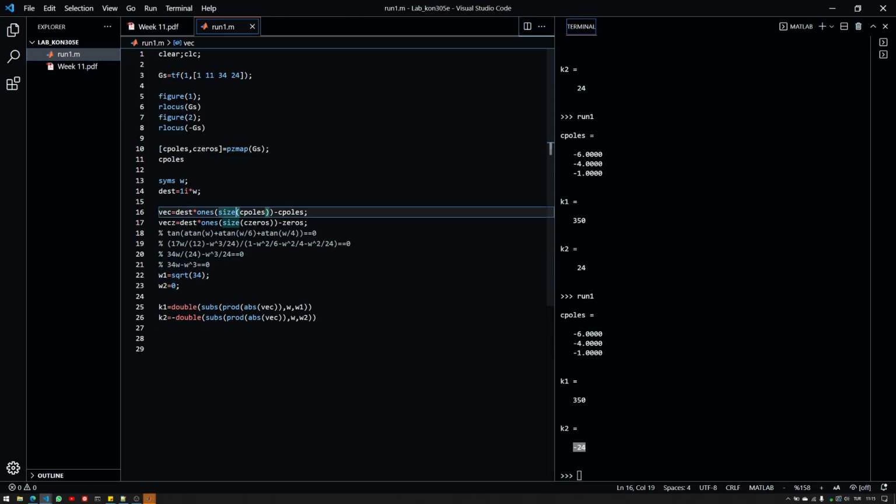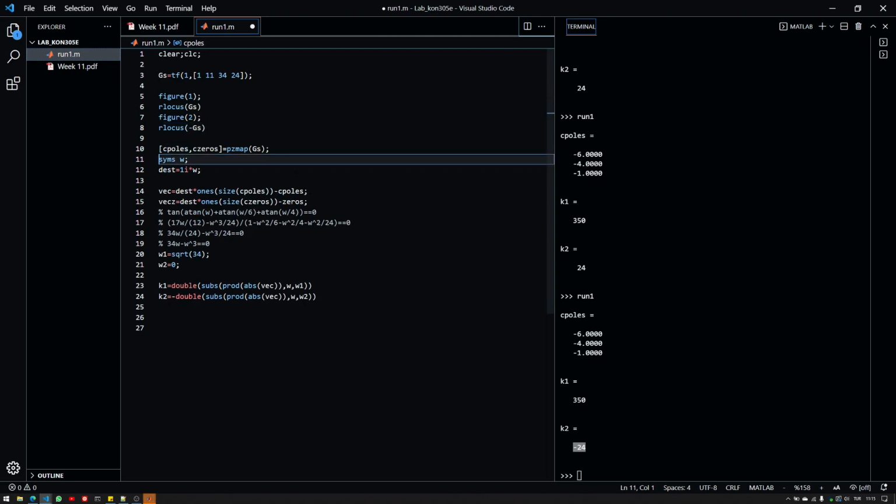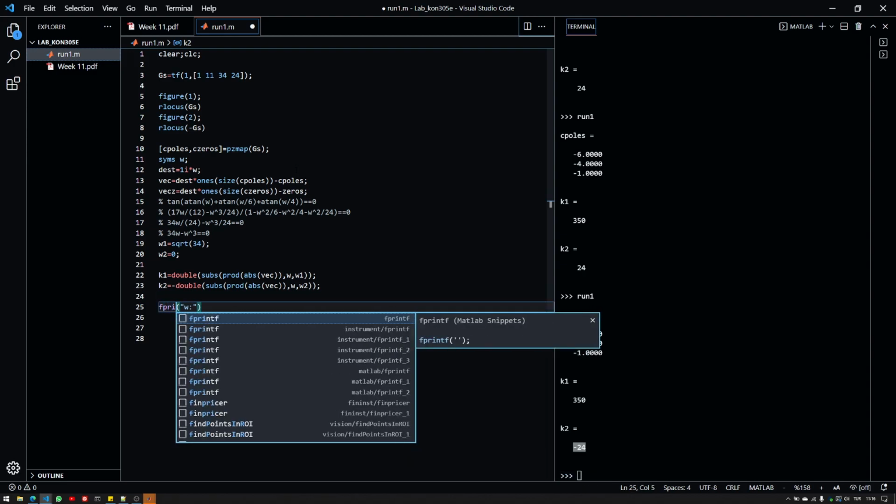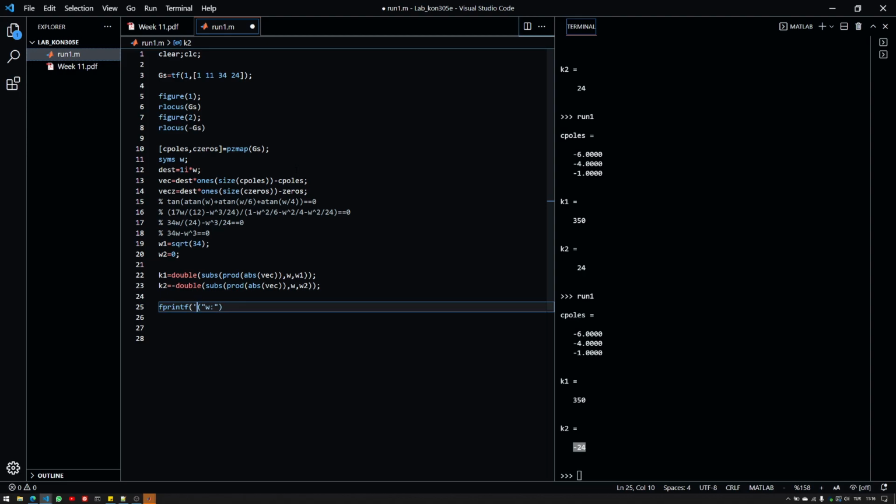Now let's get rid of this here. So we can display the information here as follows. Now this, and then let's use fprintf. Omega is %f with k %f, and then new line.